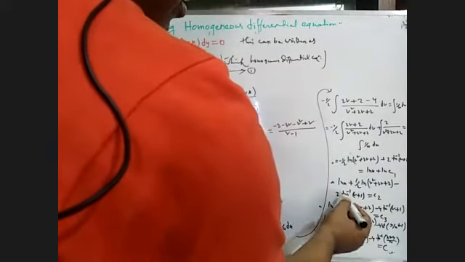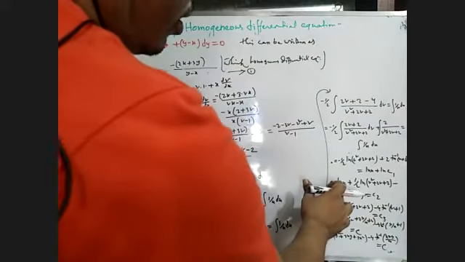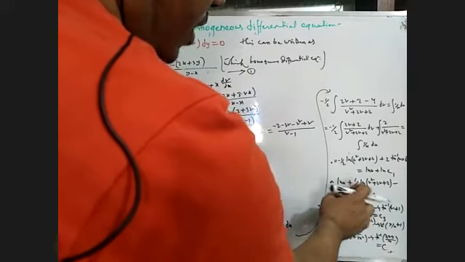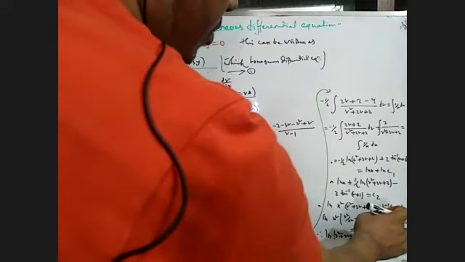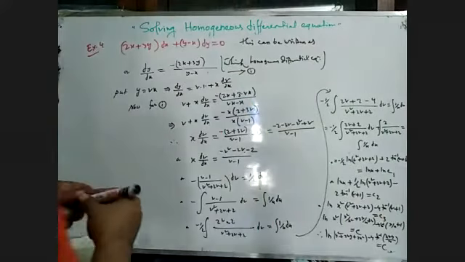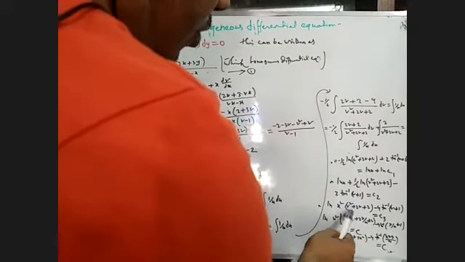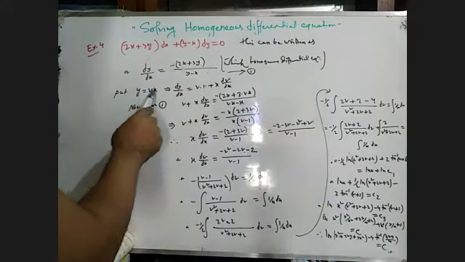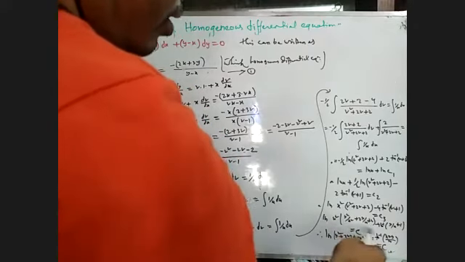So multiplying by 2 on both sides, we get ln x square plus ln (b square plus 2b plus 2) minus 4 tan inverse (b plus 1) equals c2, another new constant after multiplying by 2. Now putting b equals y by x here, we get this.